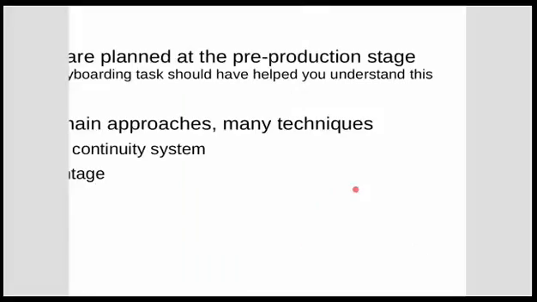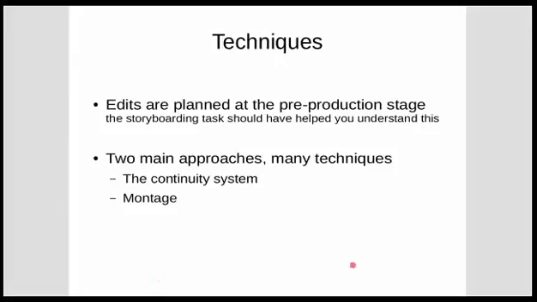Moving on. So let's just get this back to size. So your edits should be planned in pre-production. It seems clear to me that that edit was planned in pre-production because what Murnau was doing, he was shooting sequences at different times, but representing the same time in different places.